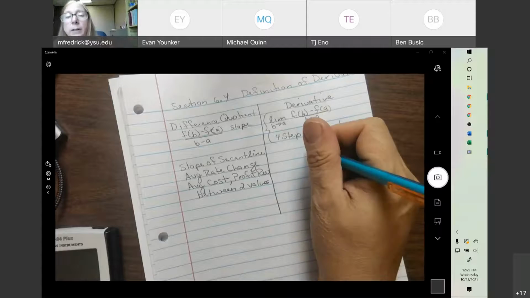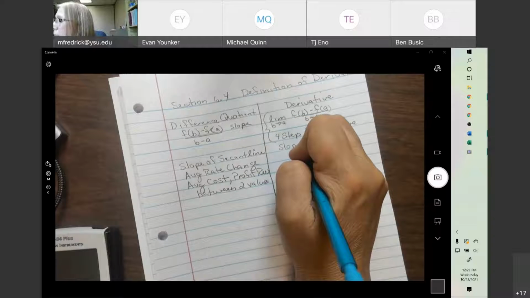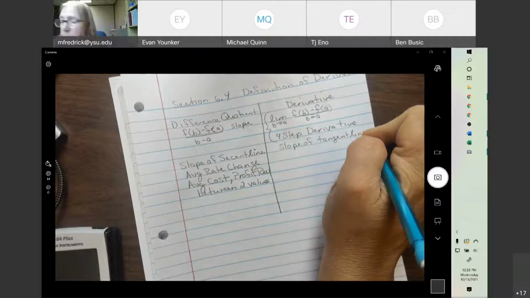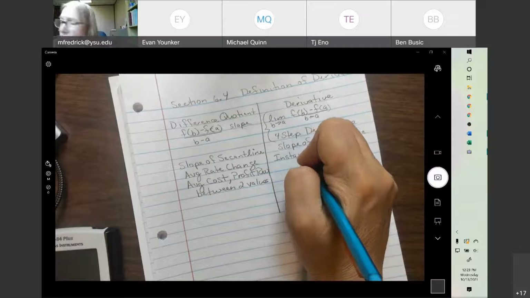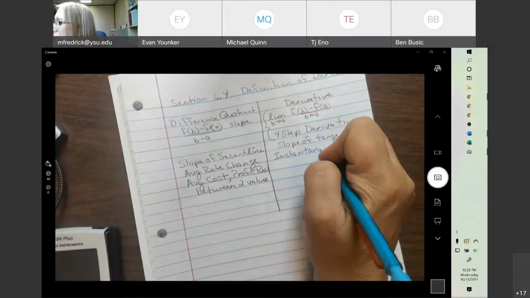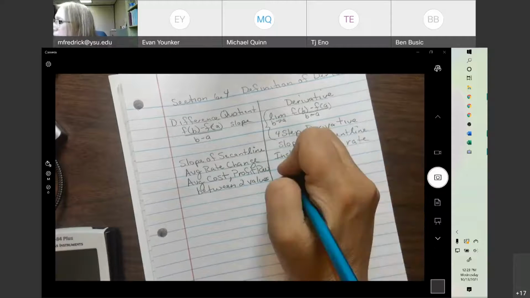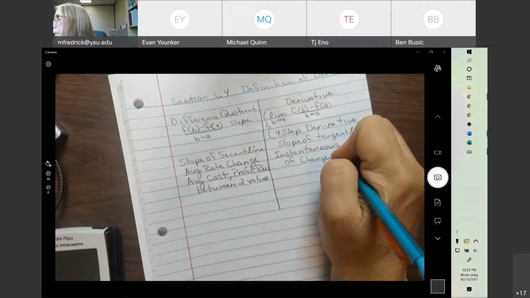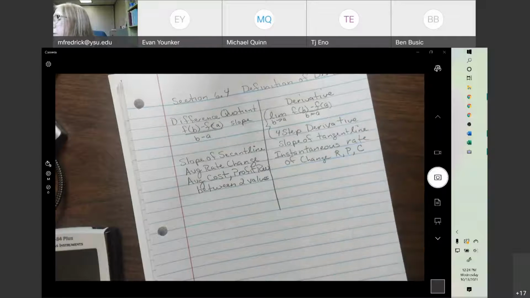For the derivative, it's the slope of the tangent line. Instantaneous rate of change for revenue, profit, or cost.